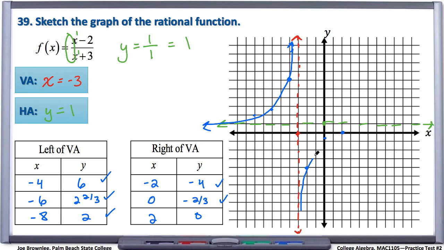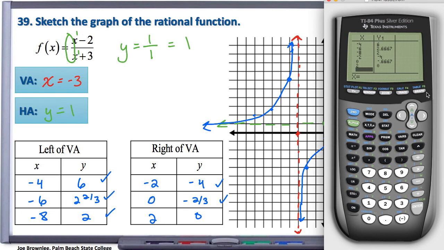Based on those 3 points, and remember, our graph is going to come infinitely close to these horizontal and vertical asymptotes, but never quite touch them. So there's number 39, looks something similar to that. Let's look at the graph on the calculator to see what happens. And there we have it. Looks pretty close to me. So there's number 39, our graph.